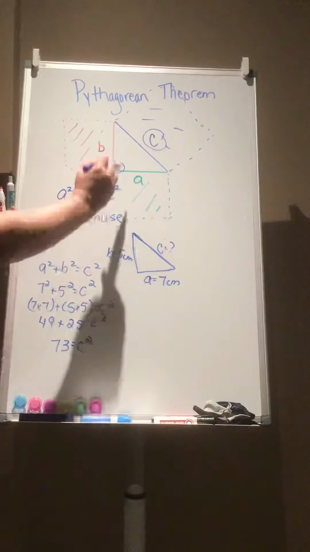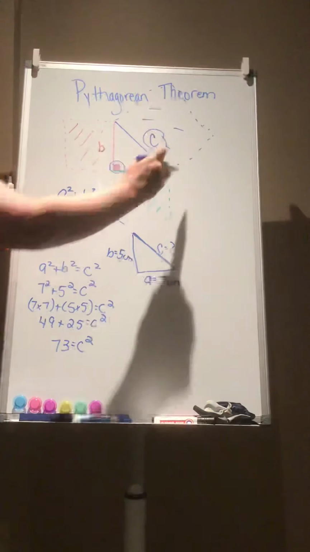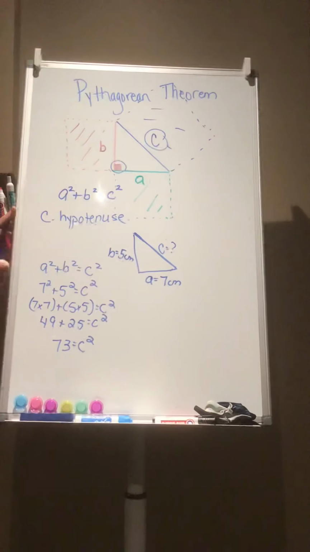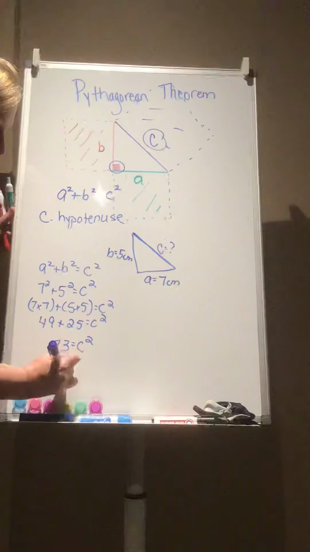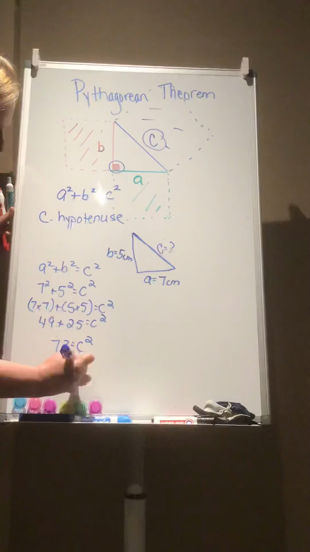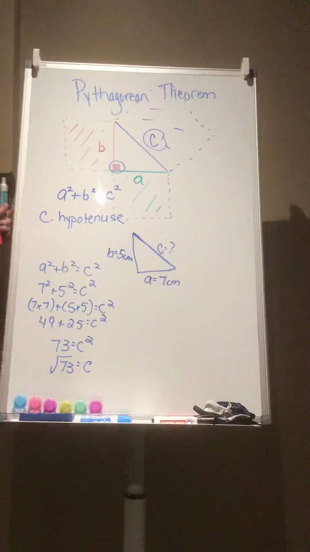Now the important thing: you think, oh, we must be done, but we're not, because this is squared. Remember, this is showing me this whole area. I only want the one side. So now to do that, I need to do the square root of 74. That will equal C. I forgot my calculator, so I'm going to say that 8 squared is 64 and 9 squared is 81.